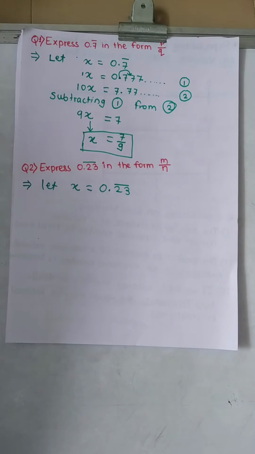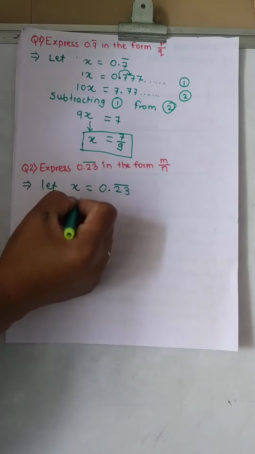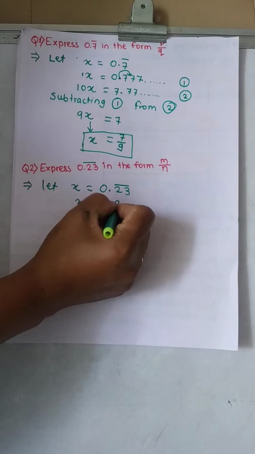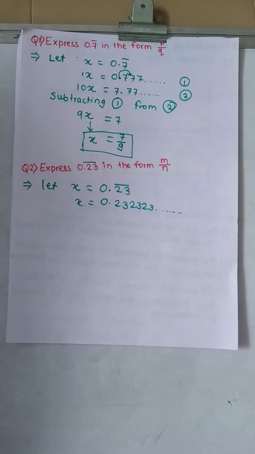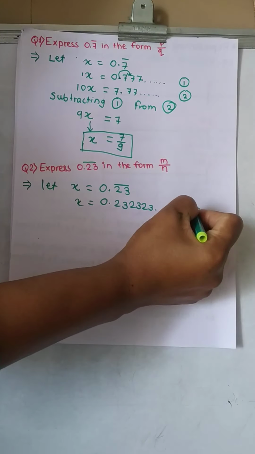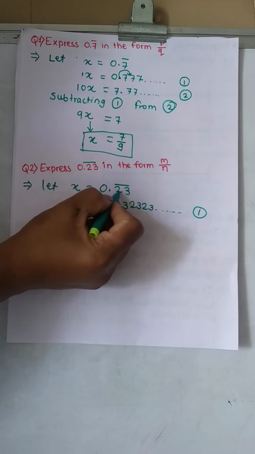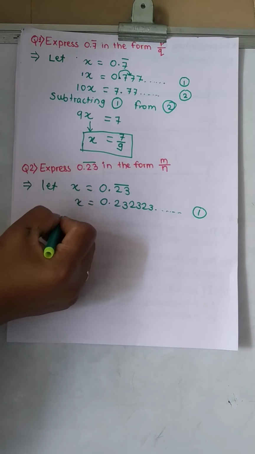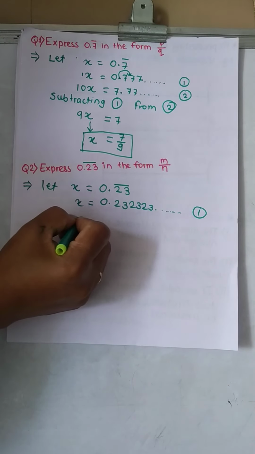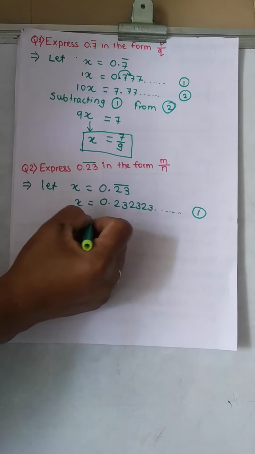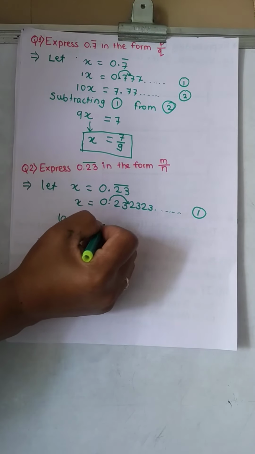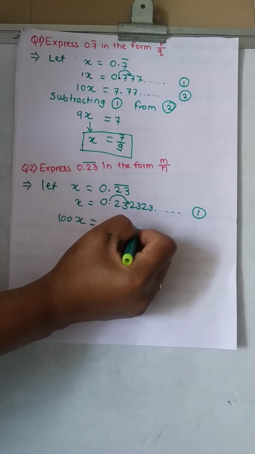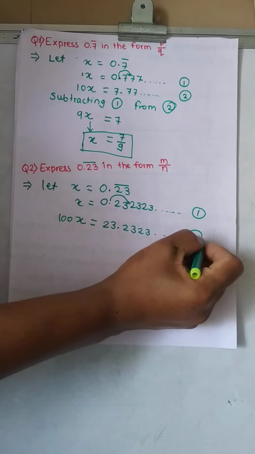So x equals 0.232323... it is repeating, so we label this as equation 1. Two digits are repeating, so we multiply both sides by 100. 100x equals, shifting the point after 2 digits, 23.2323... We label this as equation 2.